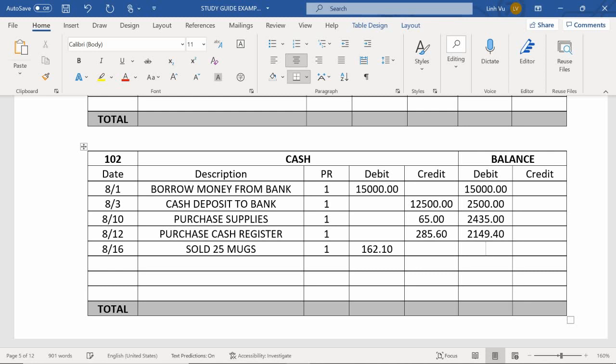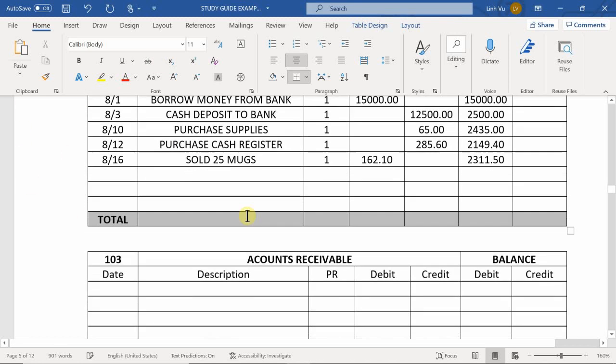So this is gonna be, so I have enough for everything. Okay, so 2,149.47 plus 162.10 is 2,311 and 50 cents on the debit side. Good. So now we have the sales tax.